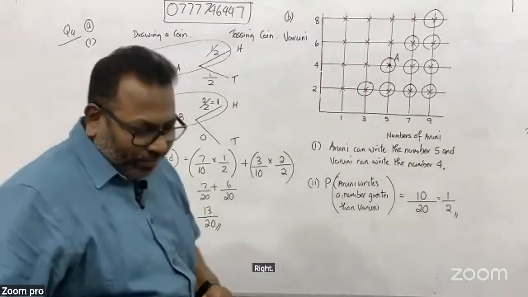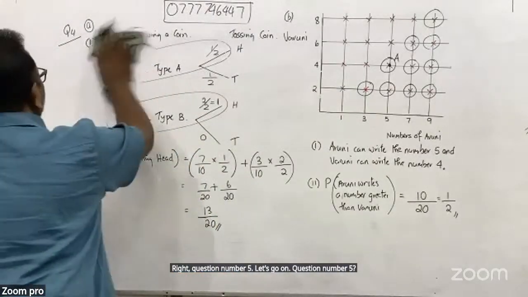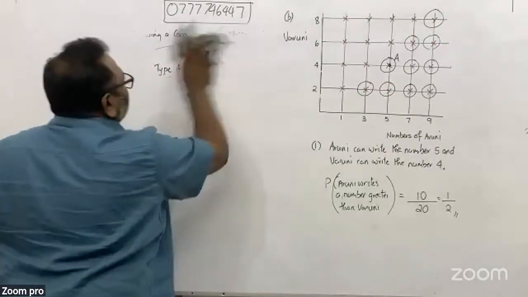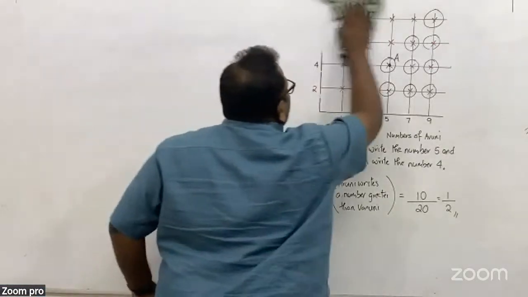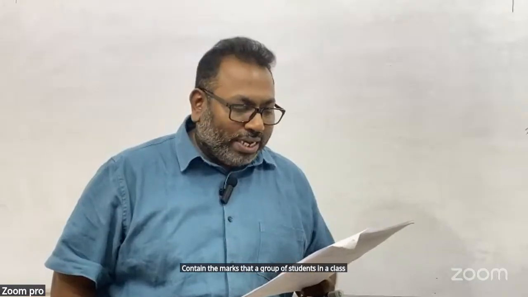Right. Question number 5. Let's go on. Question number 5. The figure shows a pie chart indicating the intervals which contain the marks that a group of students in a class obtain from a total of 50 for a maths test.